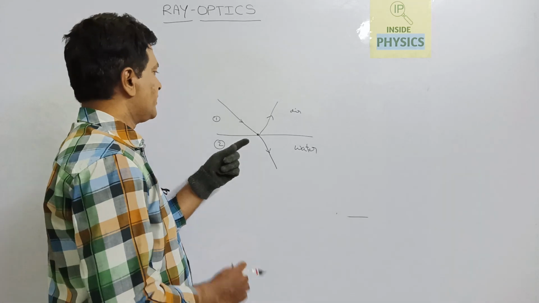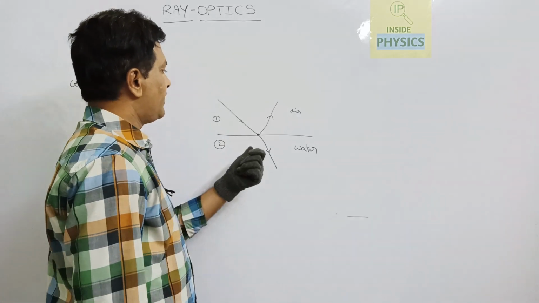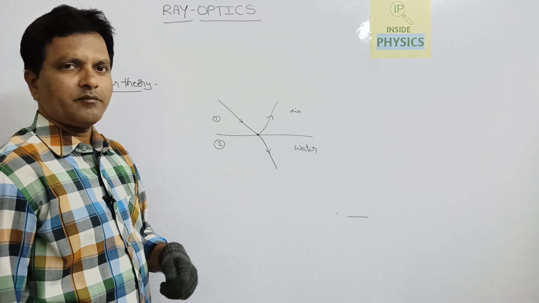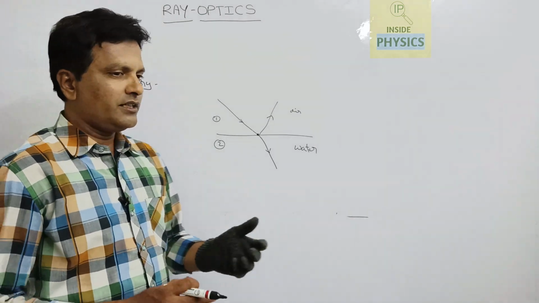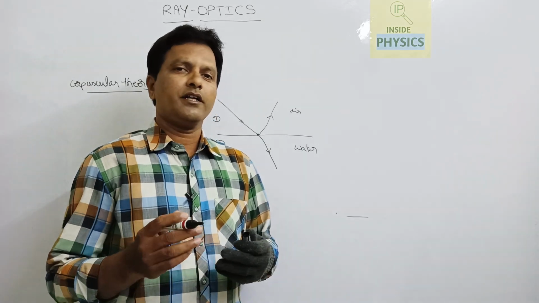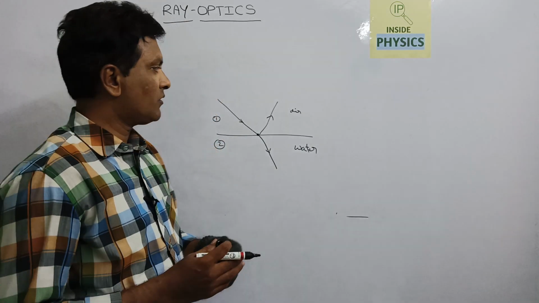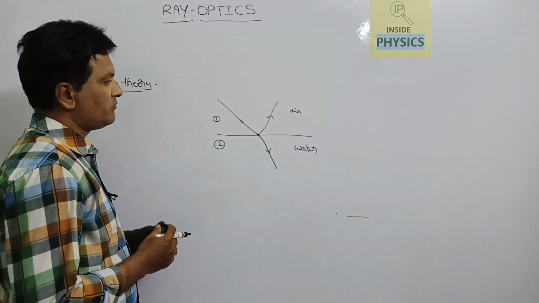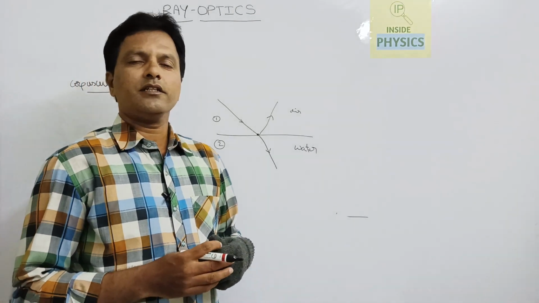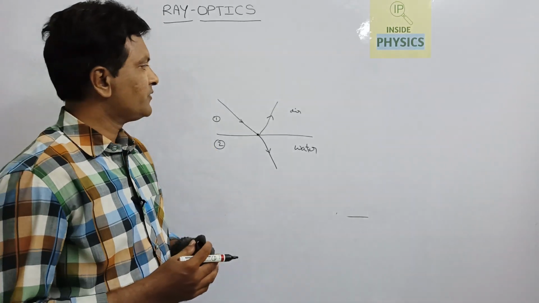What kind of corpuscles will reflect back, and what kind will pass through into the second medium? He could not distinguish the corpuscles, or on what principle reflection and refraction take place. So the corpuscular theory could not explain the reflection and refraction process.